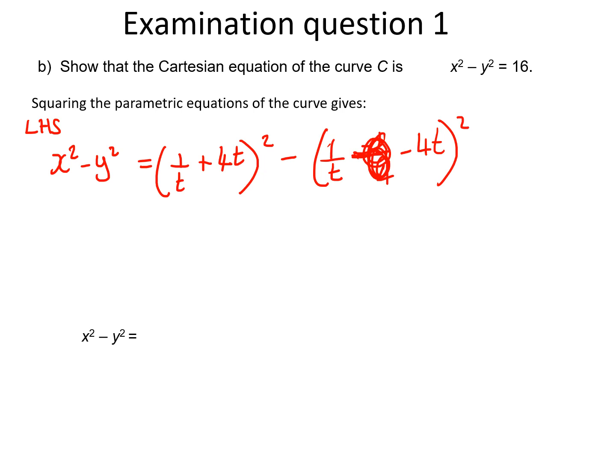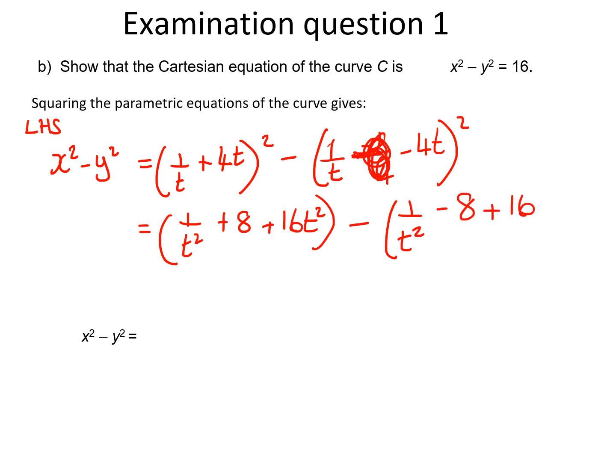Right, messy. That gives 1 over t squared plus 8 plus 16t squared, minus 1 over t squared minus 8 plus 16t squared.